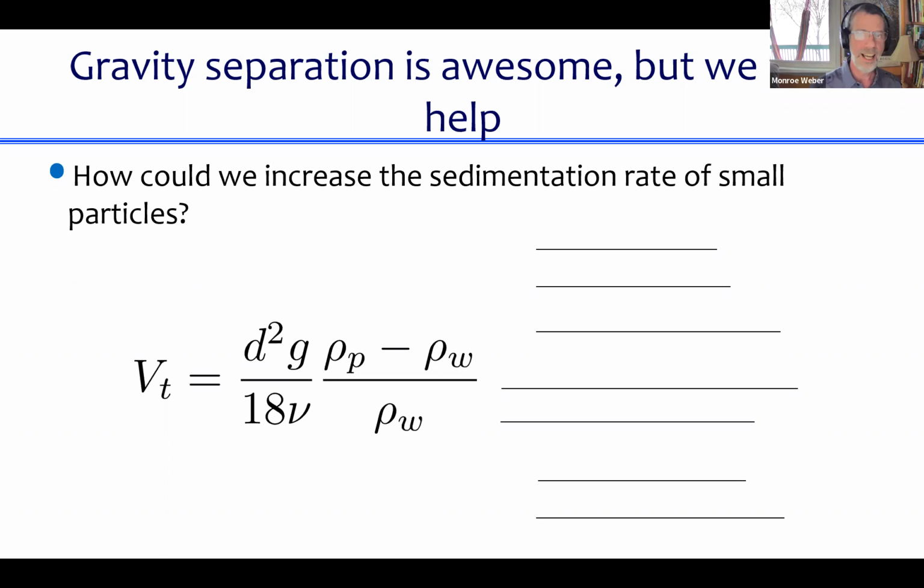The question is, how could you increase the sedimentation rate of small particles? I guess, well, by adding coagulant.